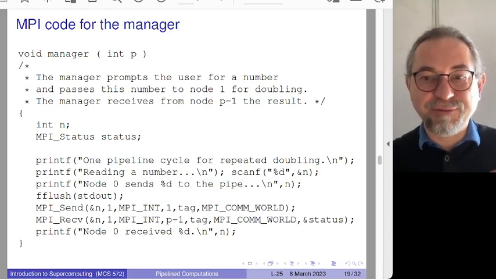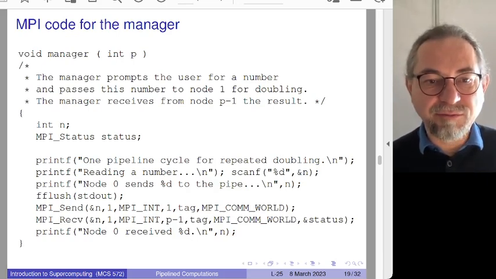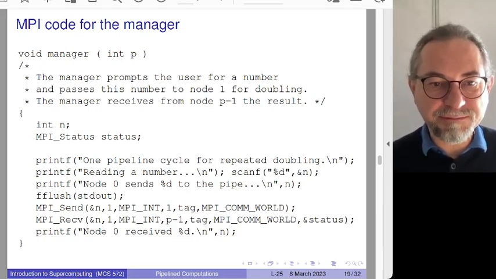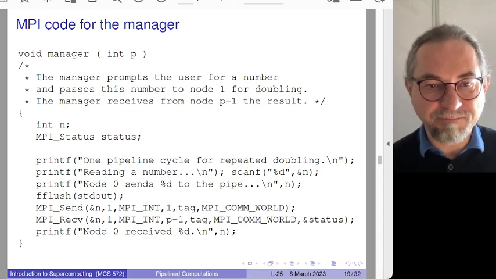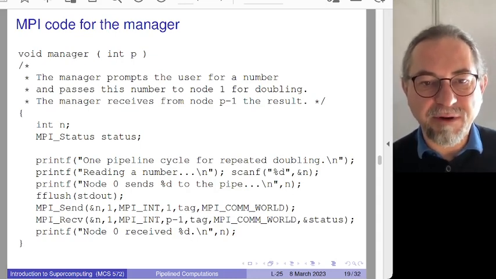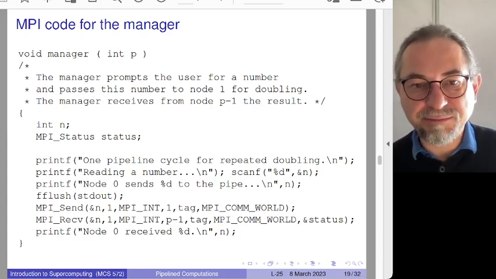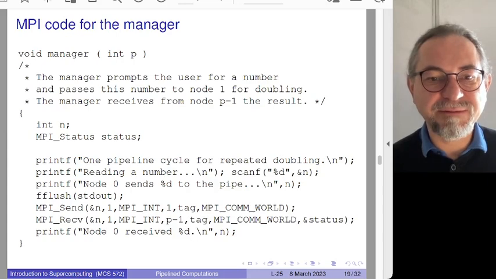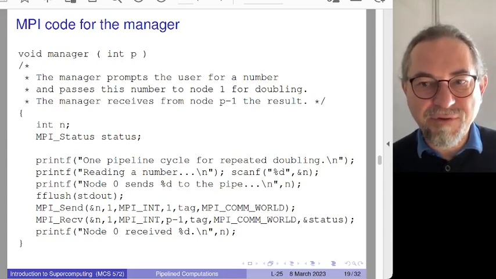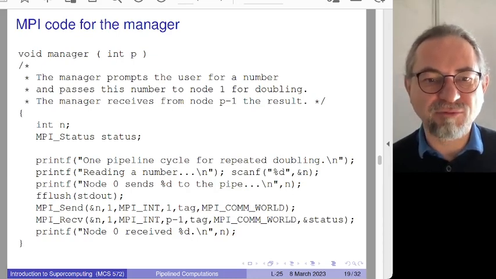So here you see the viewpoint from the manager. The manager will process the input. I flushed the output buffer. And the manager will send the input and receive the output. From the perspective of this program, it looks as if the manager only does one send and one receive.